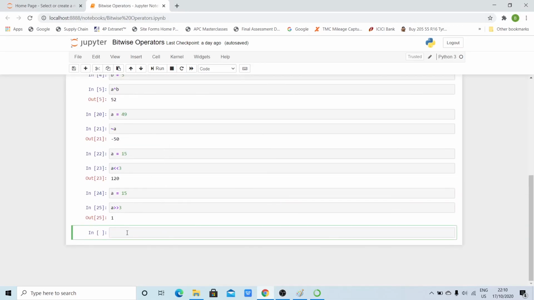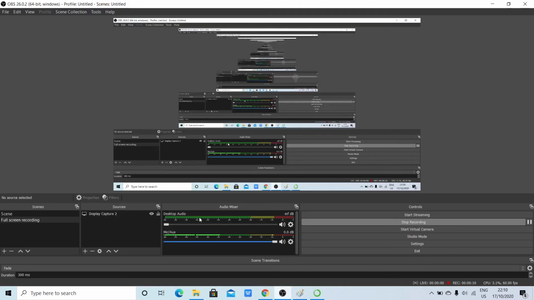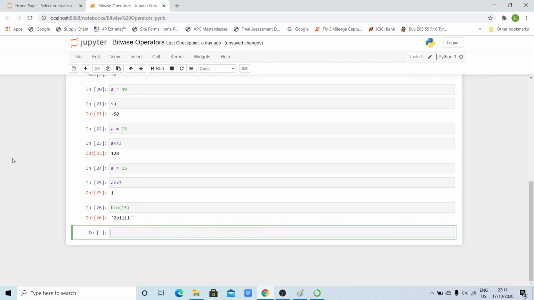If we are finding these manual methods difficult and want a way to get the result directly, we can use two built-in operators which can directly give you the binary format of a given integer, suppose I say the binary of 15. So here it will give me the binary form of the integer 15.